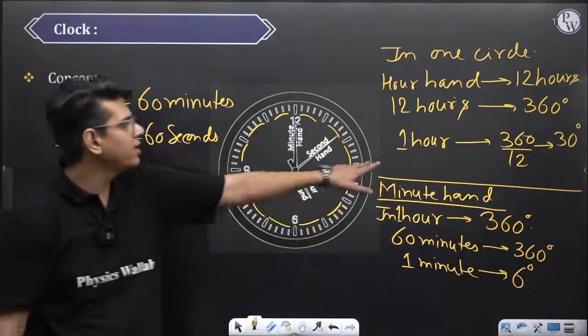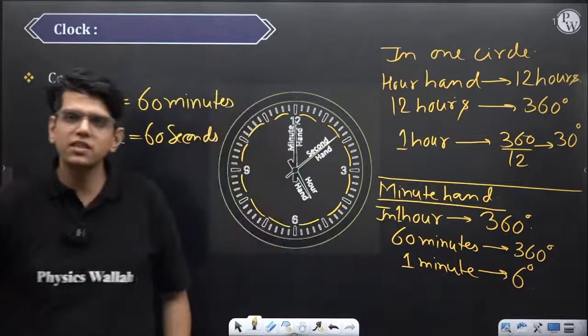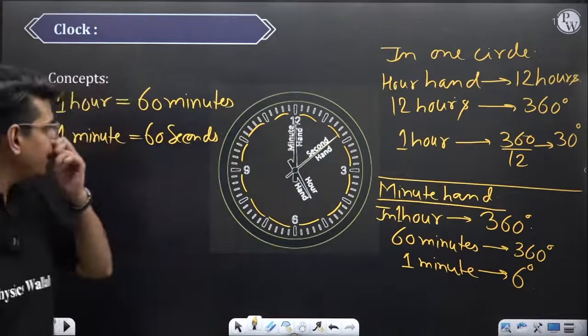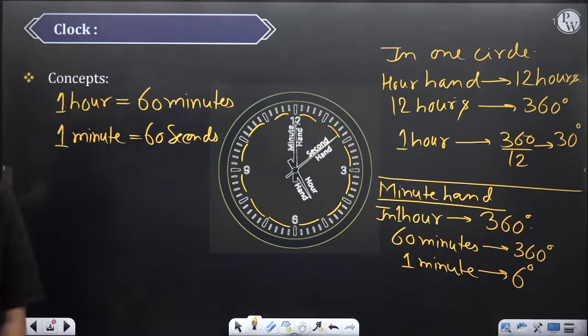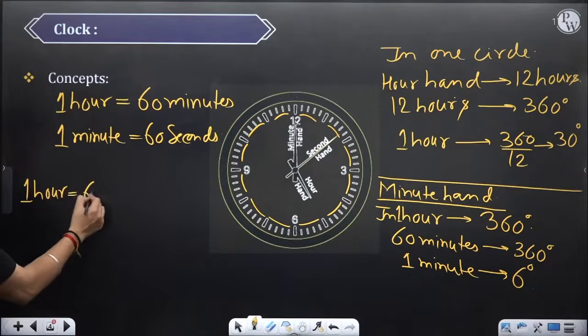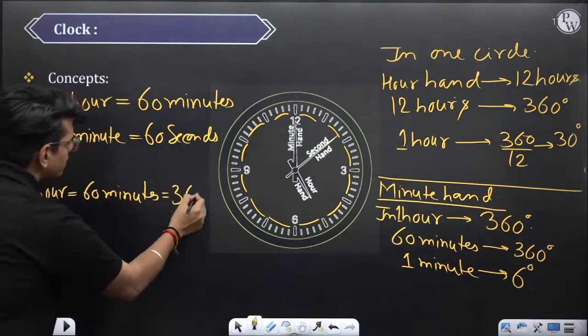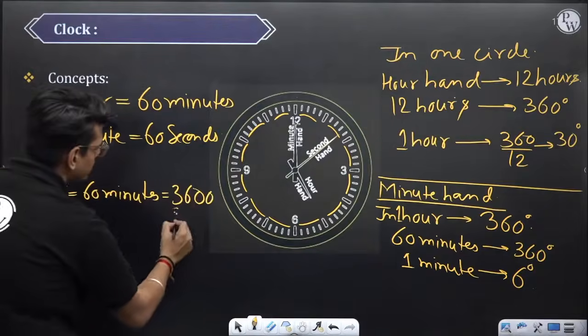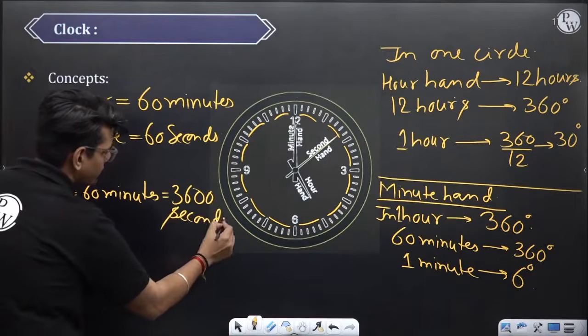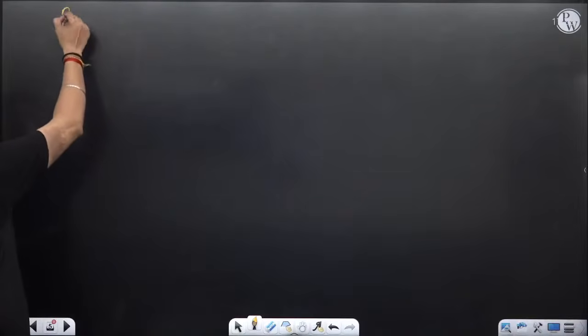So in 1 hour, the hour hand moves 30 degrees, and in 1 minute, the minute hand moves 6 degrees. We will use this when we see the relative motion concept. Also, 1 hour is nothing but 60 minutes and 3600 seconds.